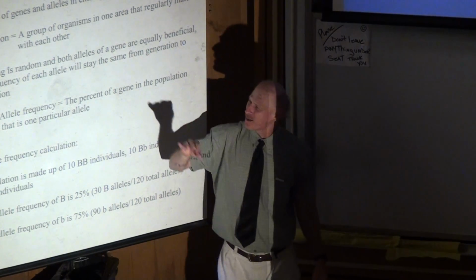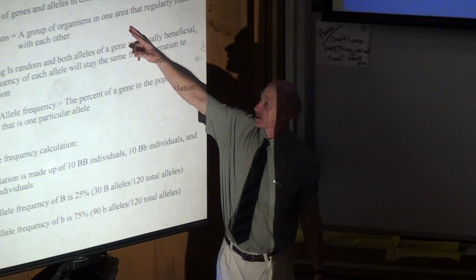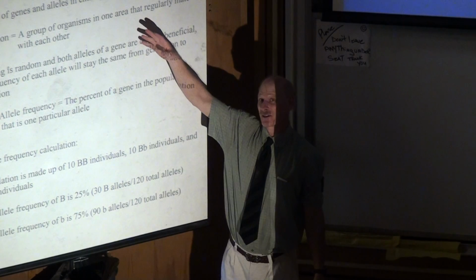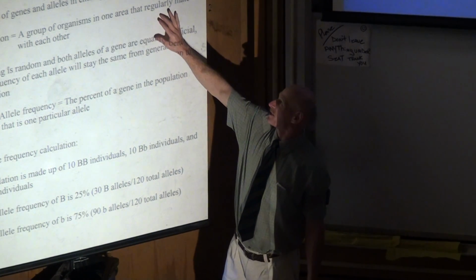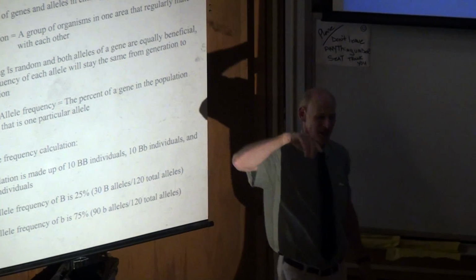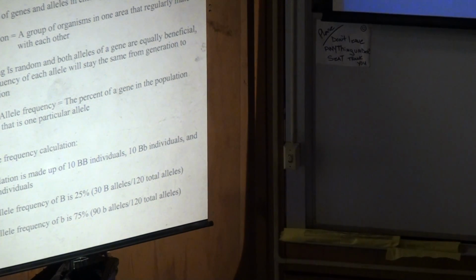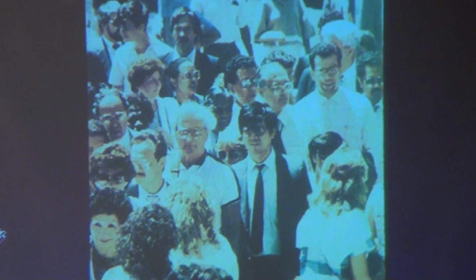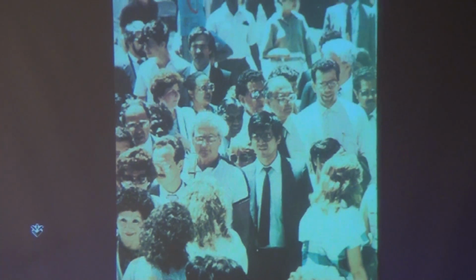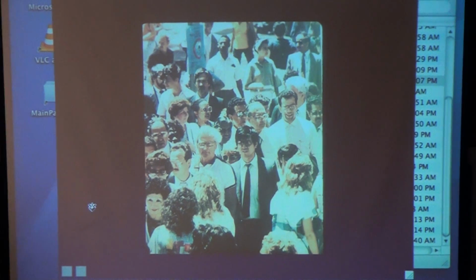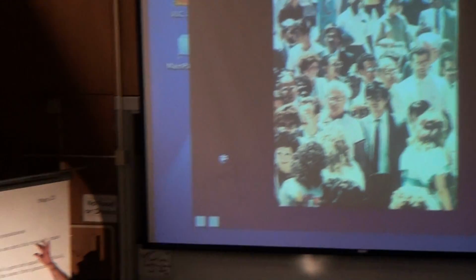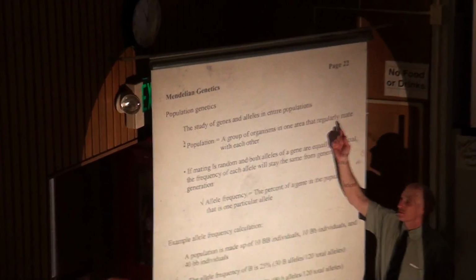And a population is defined as a group of organisms that are in one particular area of the world and that regularly mate with each other. And human populations, like towns and villages and things like that, don't really fit that definition very well. For instance, the city of Salinas is not a really good population, because people move into the area, people move out of the area.